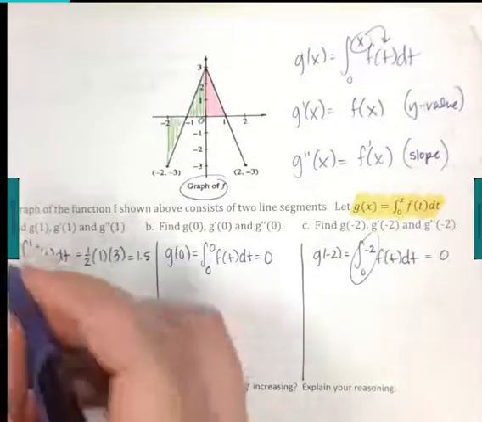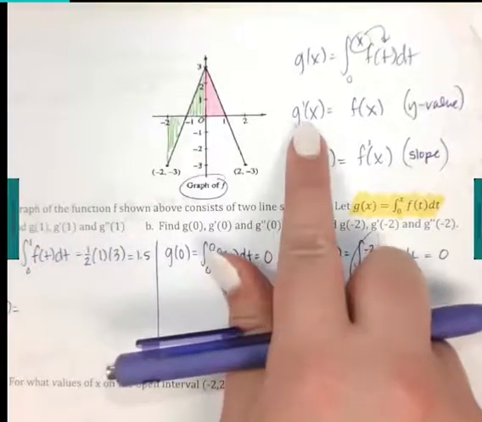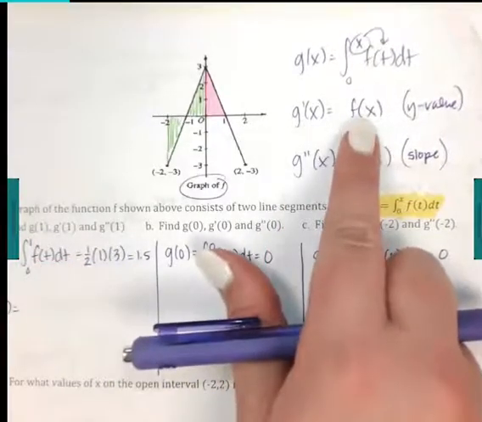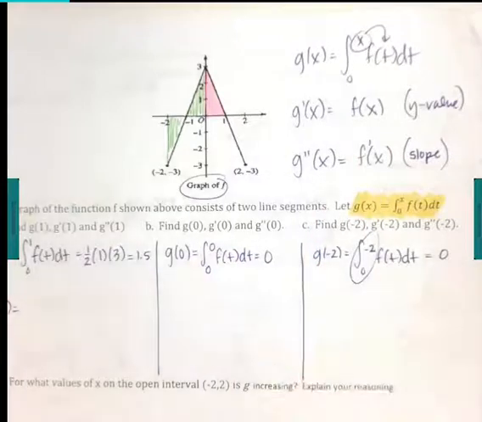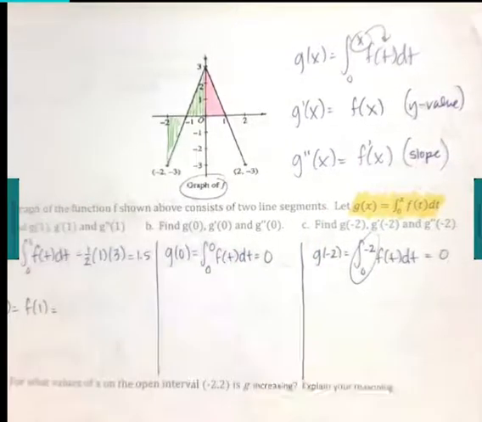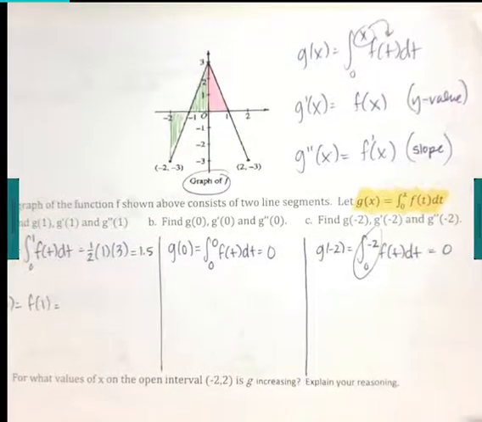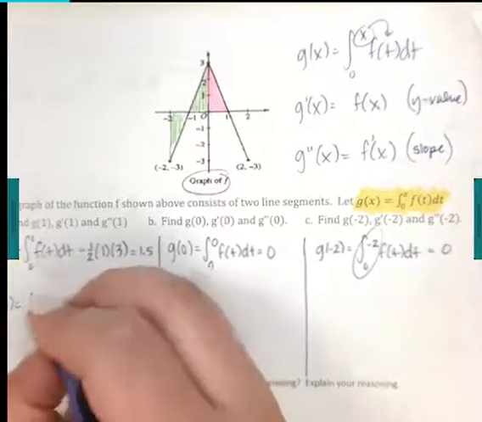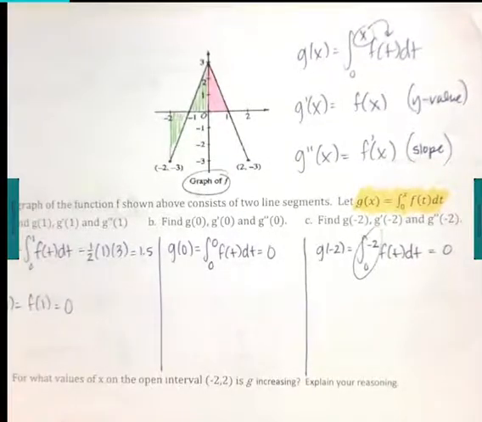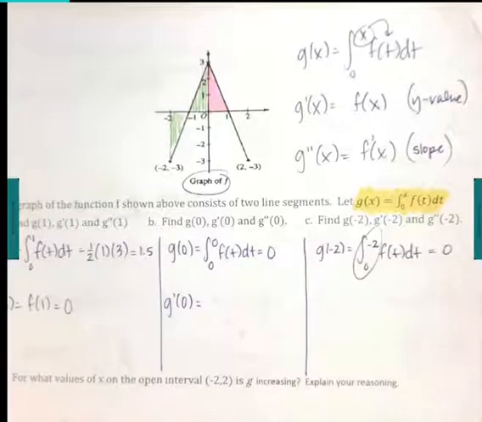So I found g of 1. Now I want g prime of 1. What is g prime of 1 the same as, though? F of 1, right? Because we know what f is now. And then look at your graph. At 1, what's the y value? 0. Okay? Now let's go over to g prime of 0. What's g prime of 0?